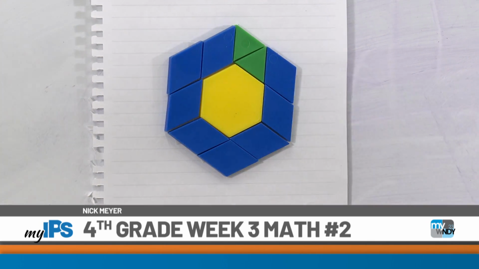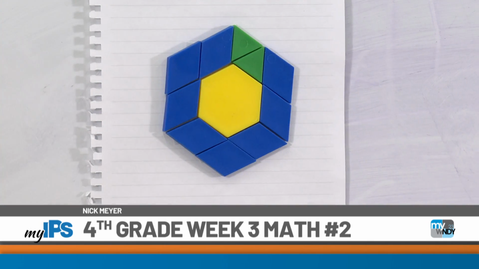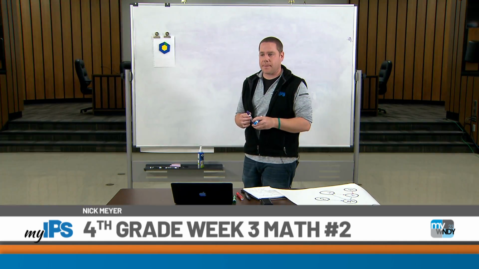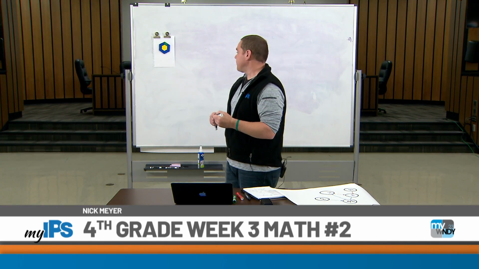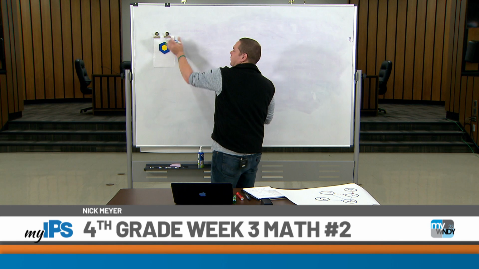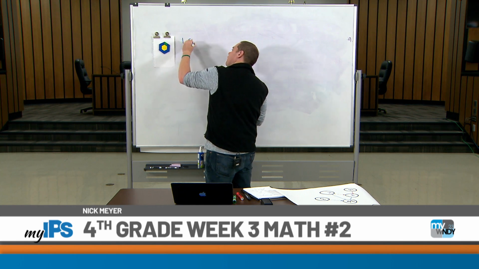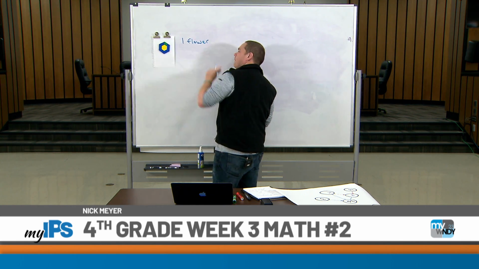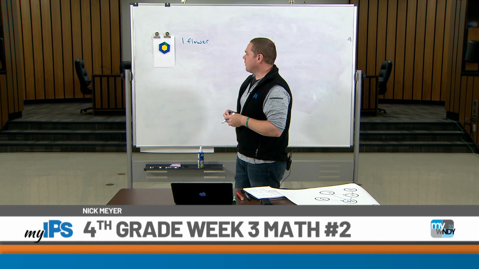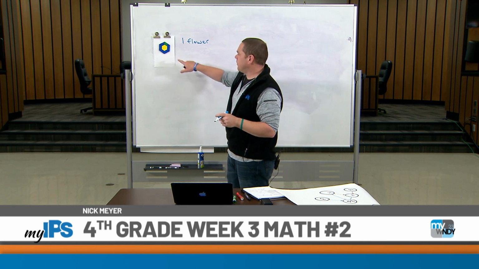So if I wanted to count, I count one individual flower looking shape. I could say that's just one flower. I could also count, maybe I wanted to count how many individual shapes there are.